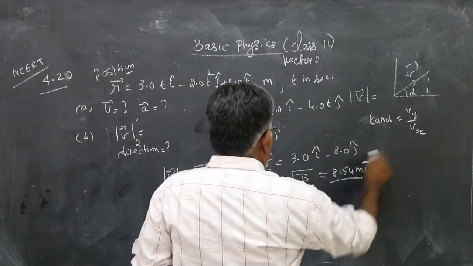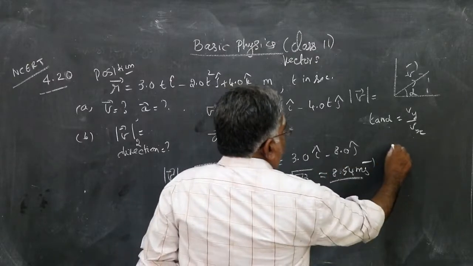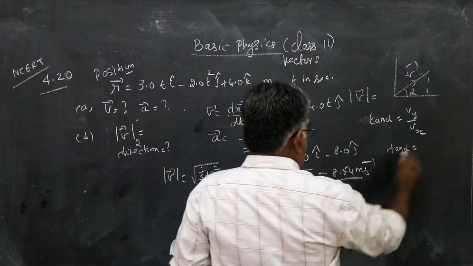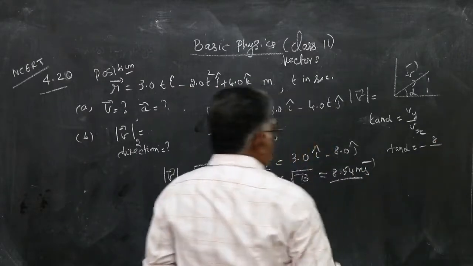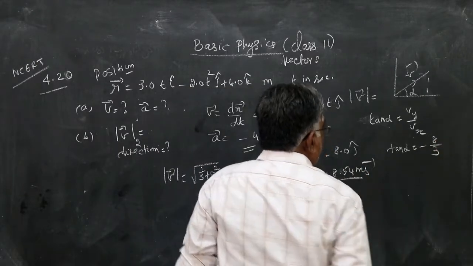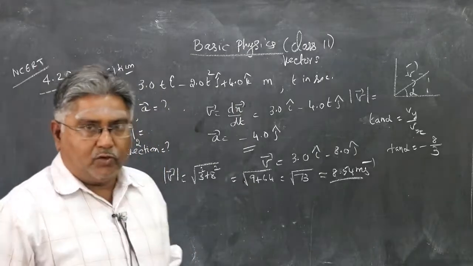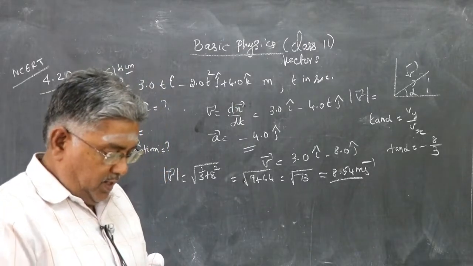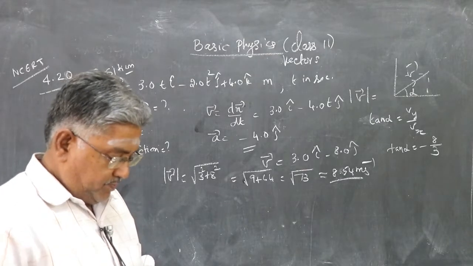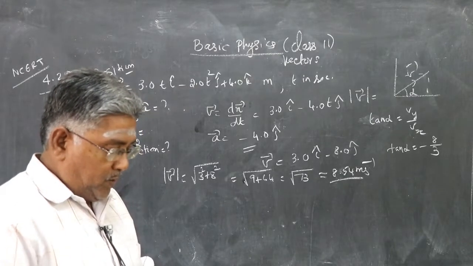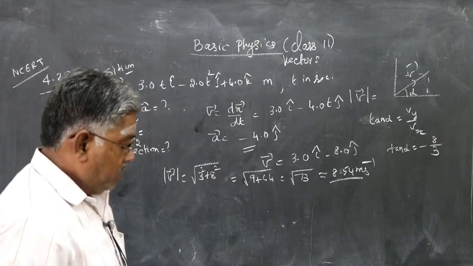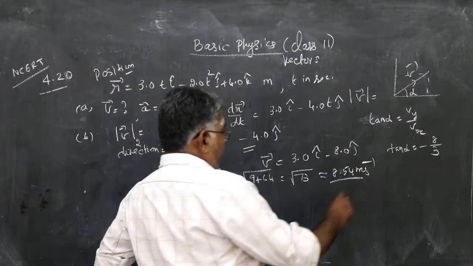What is y component of the velocity? Tan alpha is minus 8 by 3. So find alpha from that. Tan inverse of minus 8 by 3 gives minus 69.4 degrees.